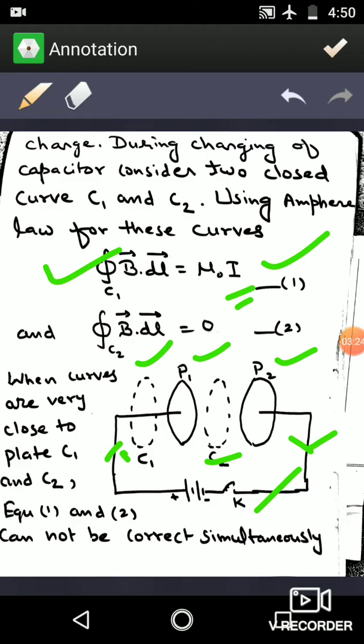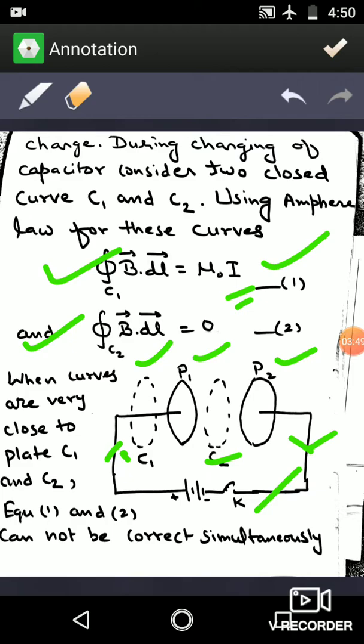And for closed curve C2, we should write the integration along closed curve C2 of B dot dl equals 0. Why is it equal to 0? Because no current flows in between plates P1 and P2, as we know.